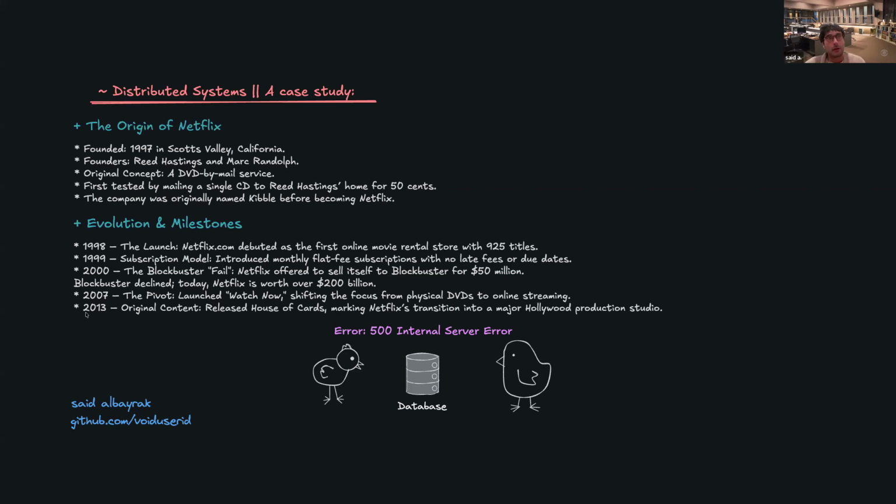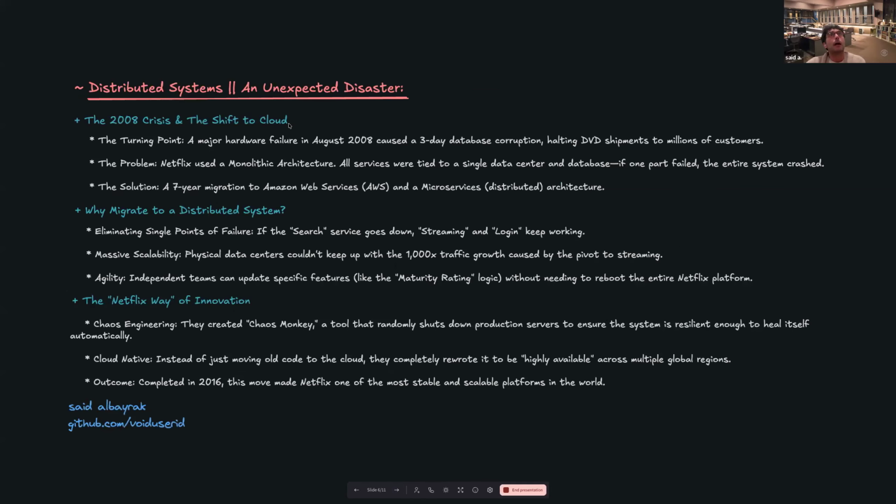And somewhere along here in 2008, something happened for Netflix. Something big happened, and they wanted to change everything. That problem was a database problem. They had a huge disaster in 2008.